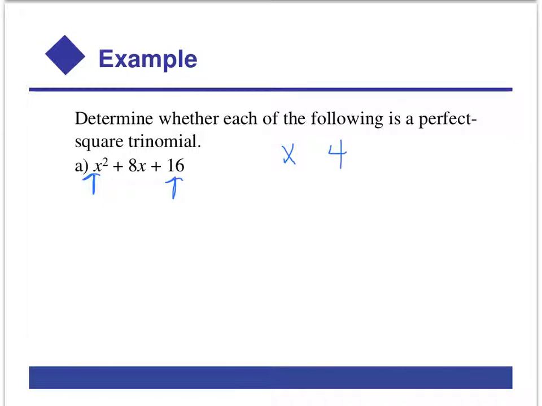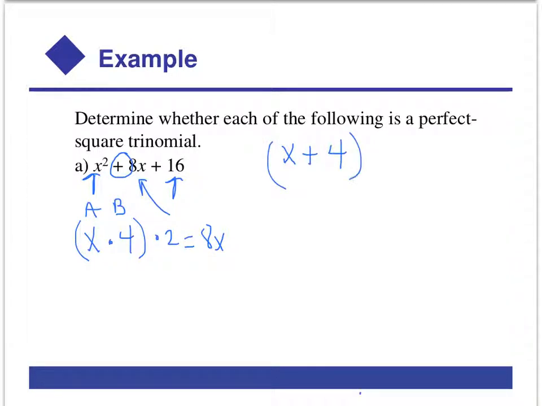Now, if I take x times 4, that's the a and the b, and I multiply that times 2, do I get that middle term, 8x? I do. And if that's the case, you just drop the plus sign in there, put a set of parentheses, and you square it. Now the way to check that is to see (x plus 4) times (x plus 4).